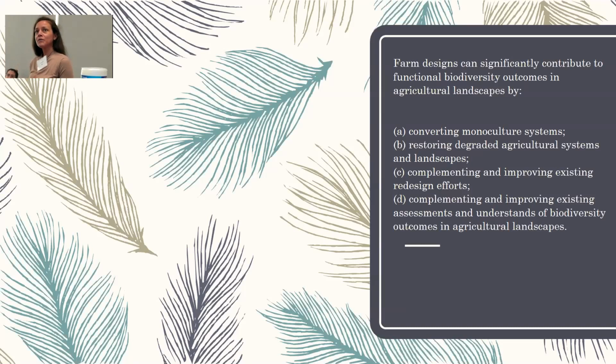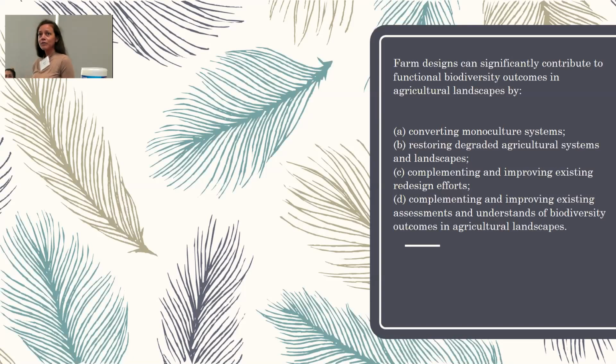The concept that I've developed, the objective of that is for functional biodiversity in agricultural landscape patches, so active agricultural land. But it can be non-active as well, as long as it's actually functional. And so I'm saying that farm design can significantly contribute to this functional biodiversity outcome in agricultural landscapes.